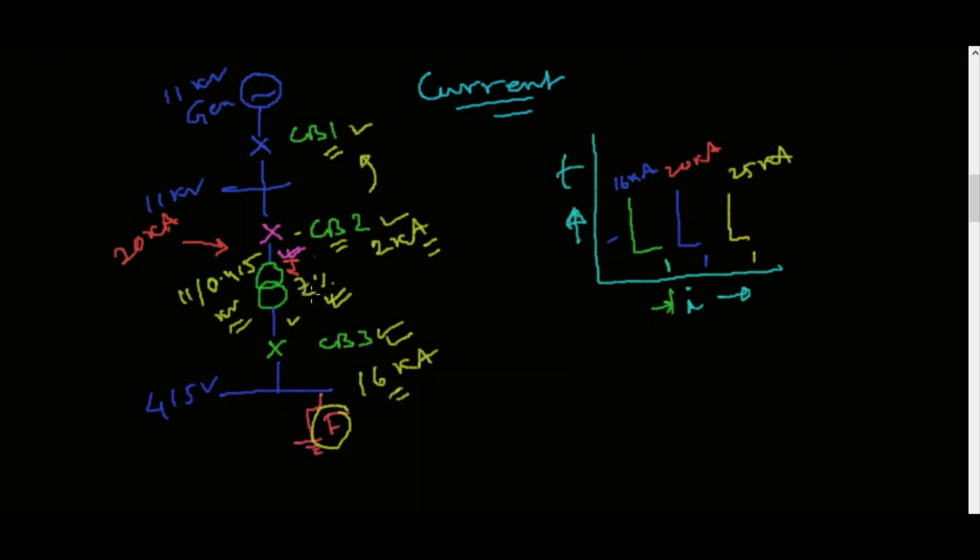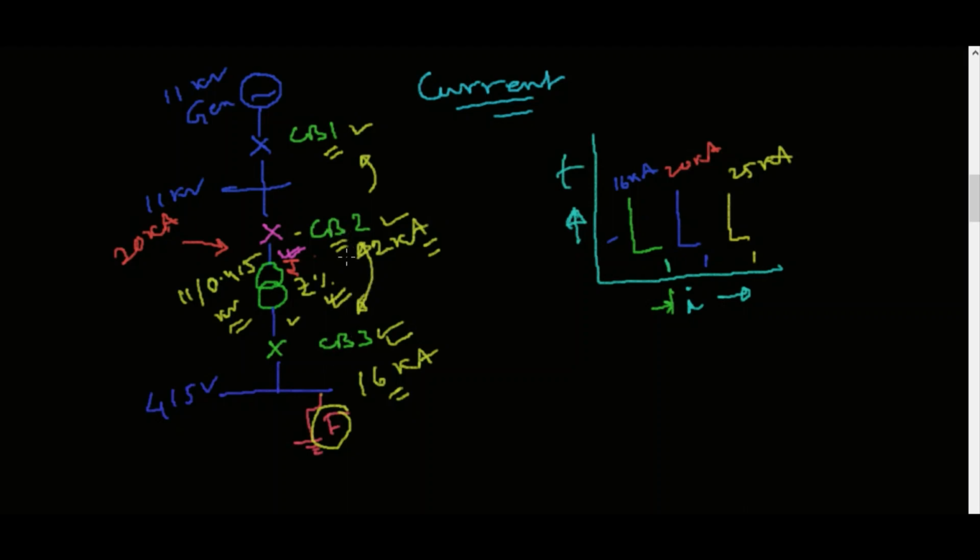That's why the fault current at the high voltage side will be far different from the low voltage side. In case of a fault at the low voltage side, if the fault current is suppose 16 kiloamps, based on the transformer impedance, the reflected fault current at the 11 kV side may be as low as 2 kiloamps.